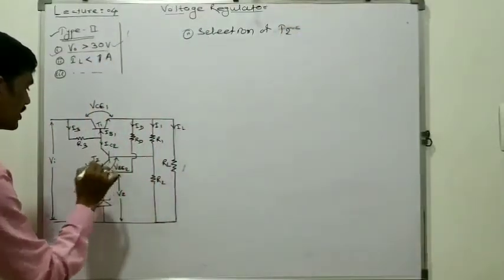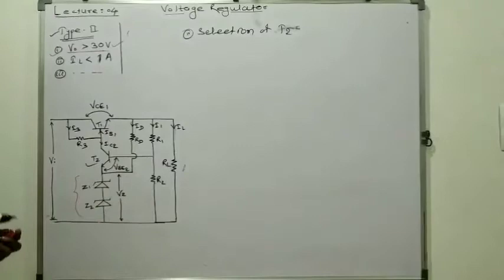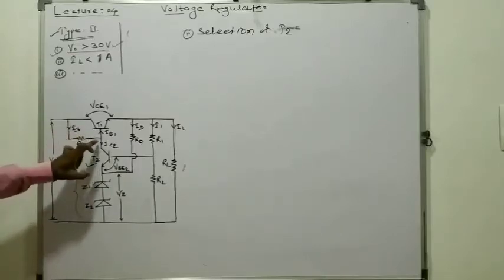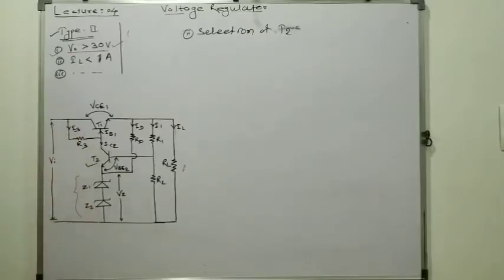So we have to select this transistor T2 now. Again, similarly, while selecting a component, we must know the voltage, that is VCE2. We must know the current flowing through that transistor, and third one is power dissipation of that component. So we must know these three things.